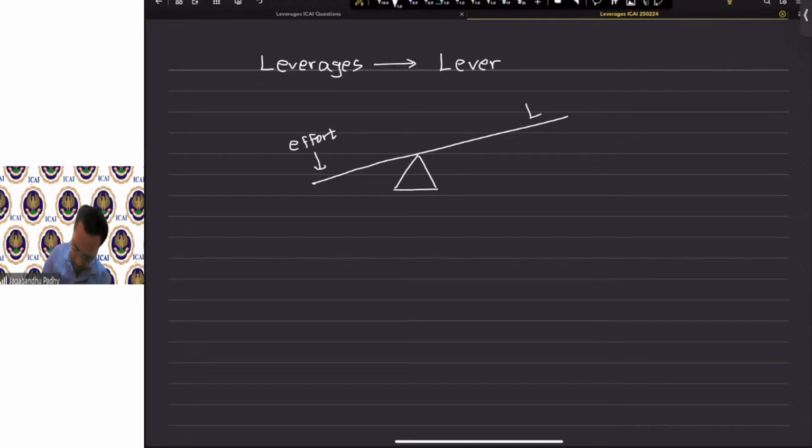Here you used to put the effort, and on the other side there used to be a load. So effort, followed by the load. A lever is used to lift heavy loads with easier effort.